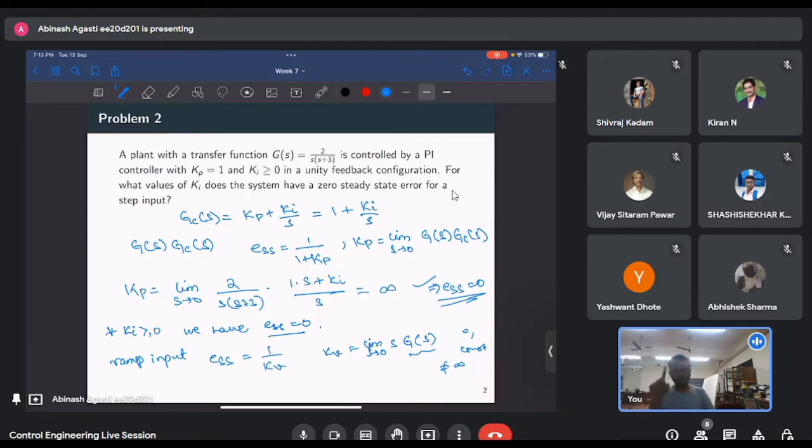Similarly, if we have a parabola or any higher order input, then we keep adding more integrators that will ensure that the steady state error goes to 0. Okay, is this clear? So for this question, for all values of Ki, the integral coefficient, we will have a zero steady state error for a step input. Is it clear? Yes, it is.